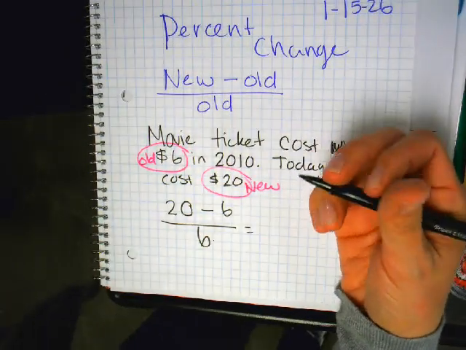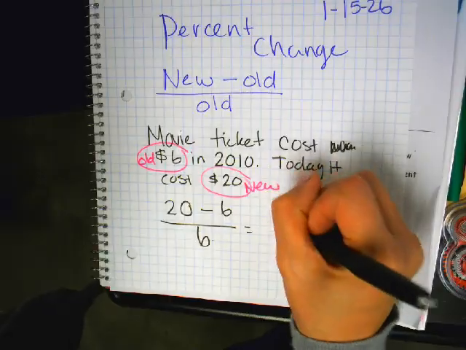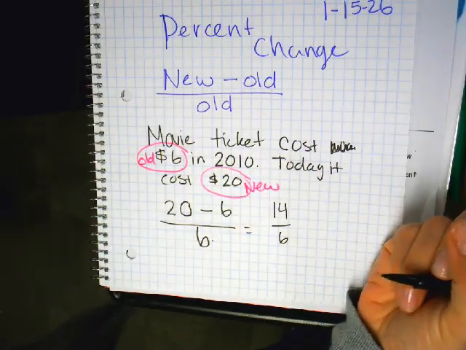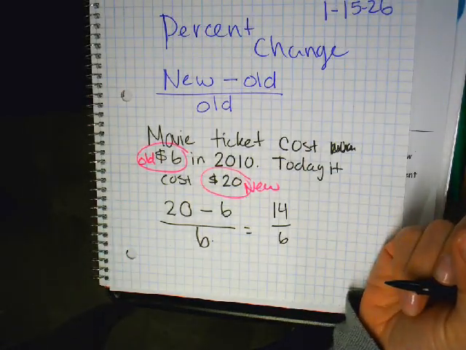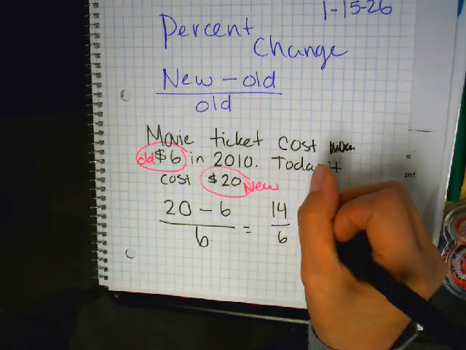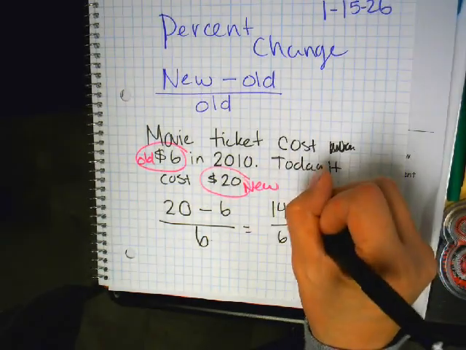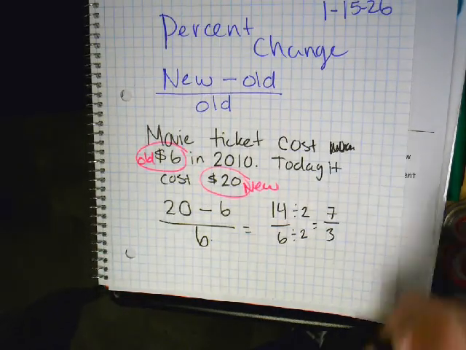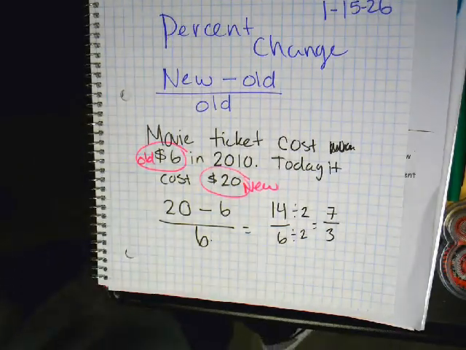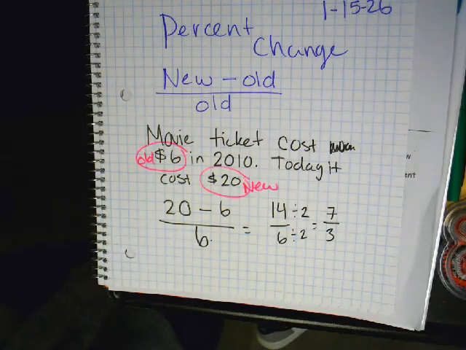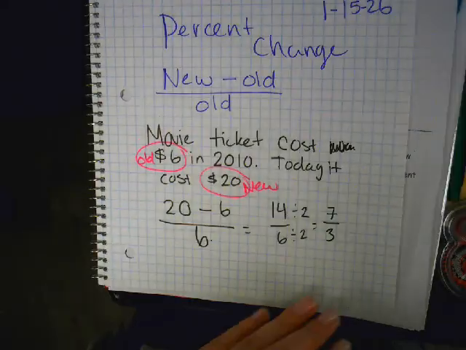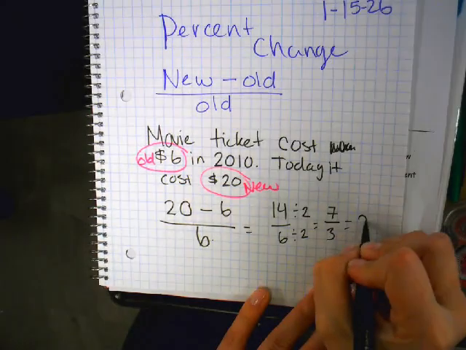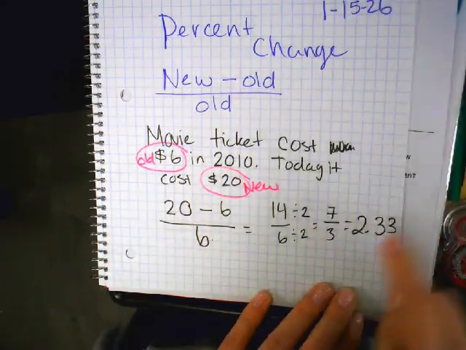So 20 minus 6 is 14 divided by 6. If I simplify this by 2, I get 7 over 3, right? Okay, I get 2.33.